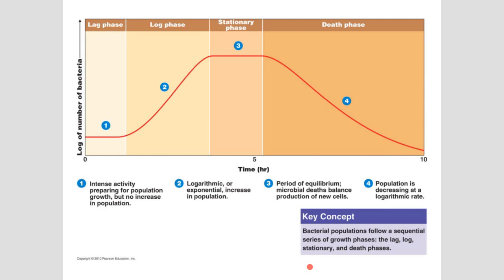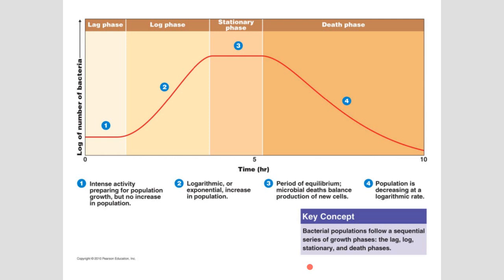We call it lag phase, where you don't see one cell divide into two daughter cells. That's different for different bacteria. So we say lag phase. Then there's a logarithmic or exponential increase. You can see it goes all the way to log phase. And why do we need to know that? Because we are going to use antibiotics to hit that particular phase.